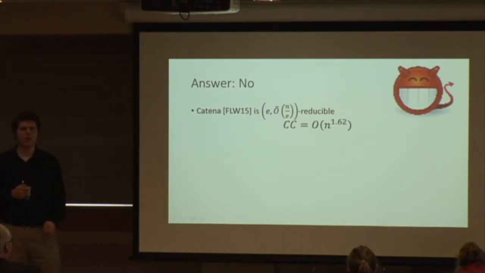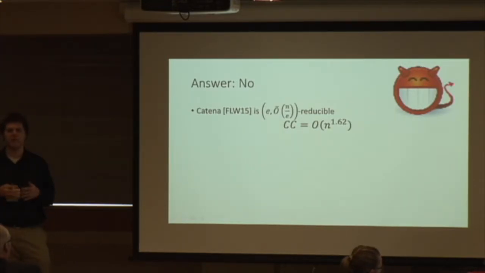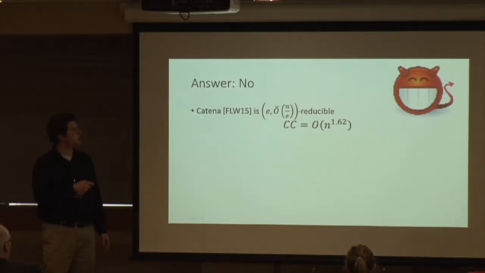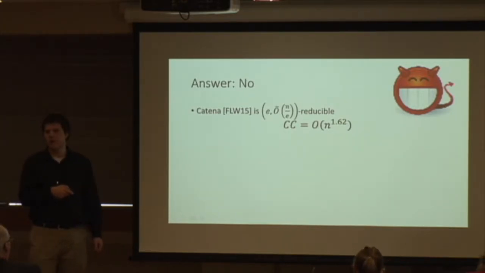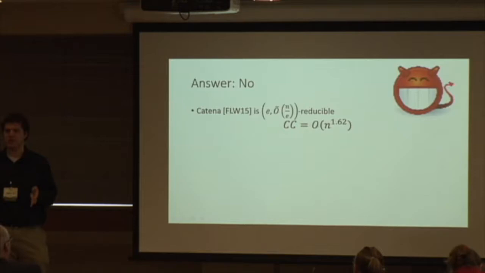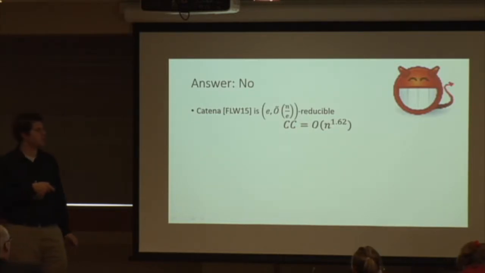The answer is a resounding no. We looked at Catena and Argon2, both the older version and the newest version, and in every case, these graphs are depth reducible. In particular, Catena is depth reducible, and we can find a pebbling with cost n to the 1.62. The specific number there is not important, but notice that this is much smaller than n squared, which is the cost that we were hoping for.